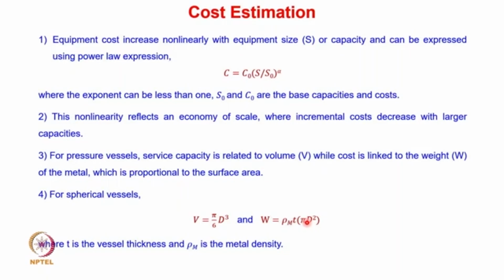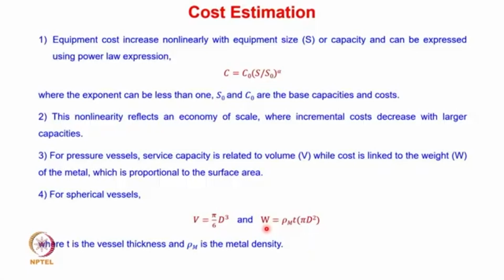So weight is proportional to the area, and whenever you do the calculations and you want to minimize the amount of material required for manufacturing these vessels, you basically minimize the surface area. So in this case, again, the weight is represented in terms of the area.